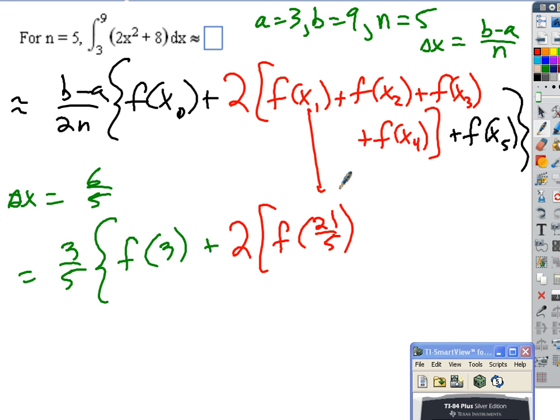And that's all we're doing, we're just taking steps of width 6/5 each time. That's how much the x value is changing for each calculation. So that's a plus i delta x. What's i?